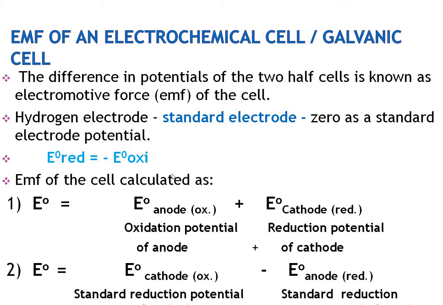If we want to calculate the EMF of a cell, then we write E0 cell equals E0 anode oxidation potential plus E0 cathode reduction potential of the electrode. And we should always take this E0 in the same form. If we are writing this E0, then here will be the standard reduction potential of the cathode and here will be the standard electrode potential of the anode.